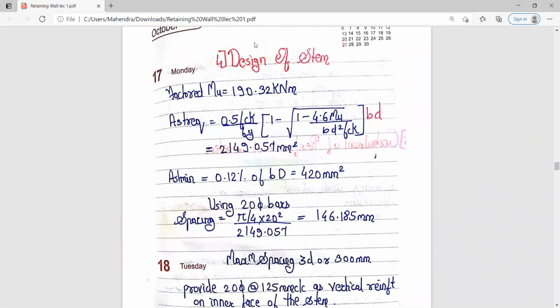We are going to consider it as 125 mm center to center. So you need to provide 20 mm phi at the rate of 125 mm center to center as a vertical reinforcement for the inner face of the stem.